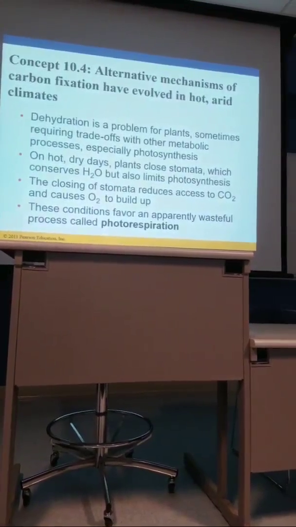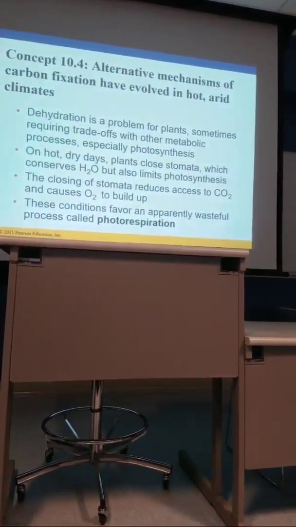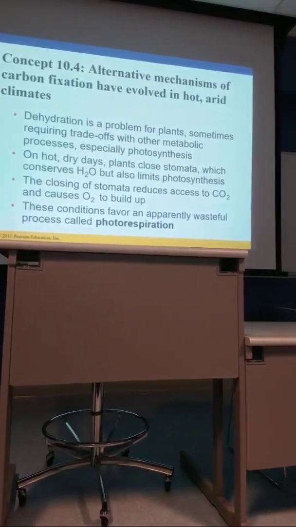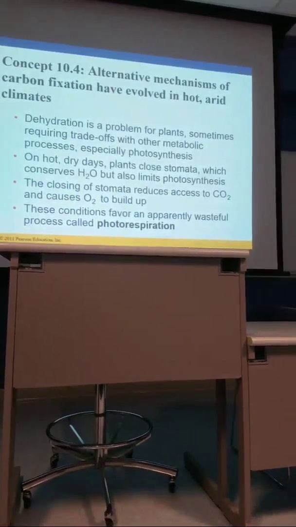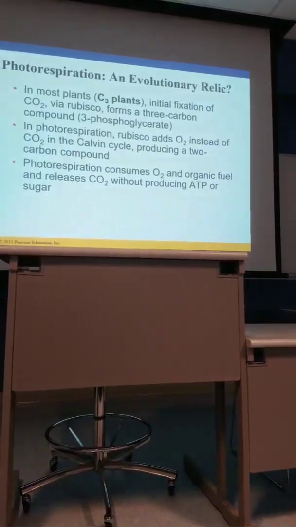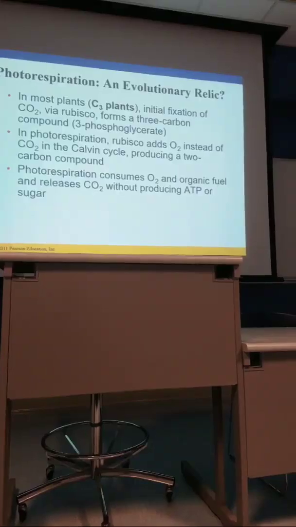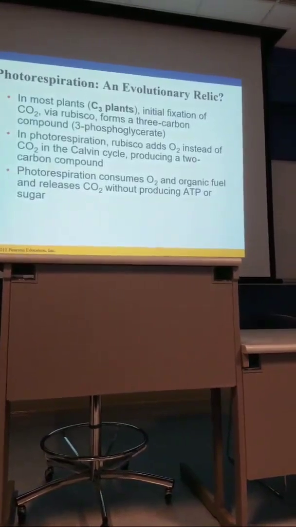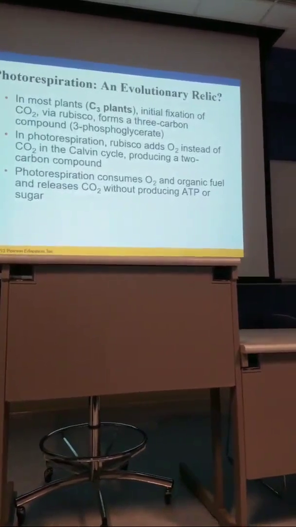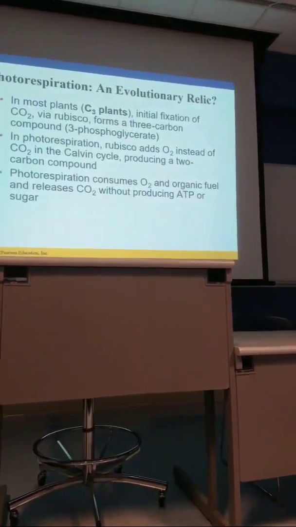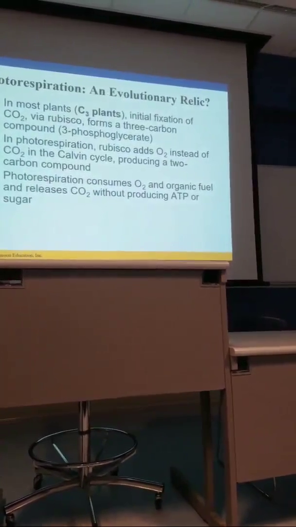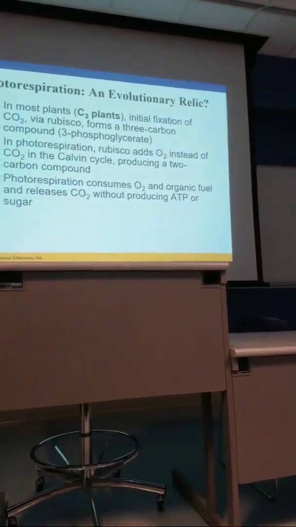These conditions favor an apparently wasteful process called photorespiration. We will see that plants are divided into 3 basic groups based upon how they do carbon fixation, how they get the carbon dioxide.